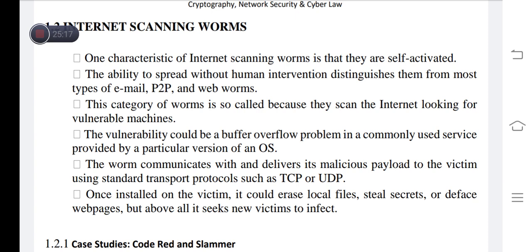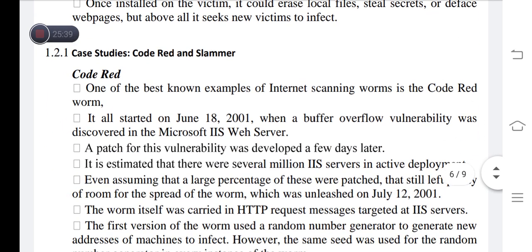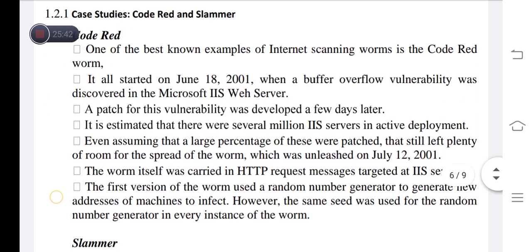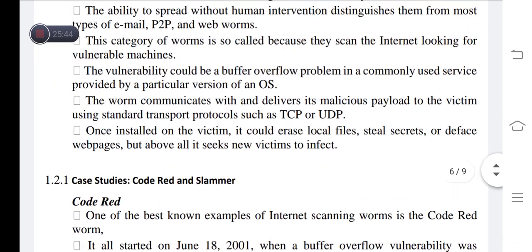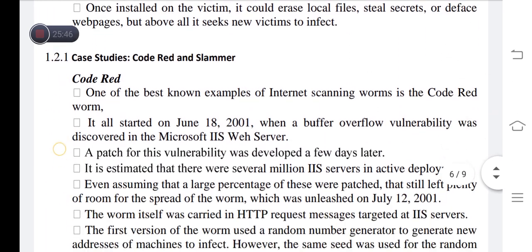But above all, it seeks new victims to infect. Always a new victim will be identified and infected. So, Code Red and Slammer, let us see as a case study for the internet scanning worms.